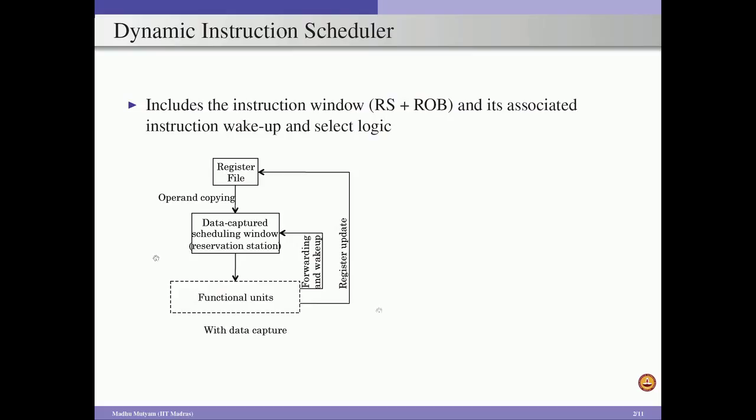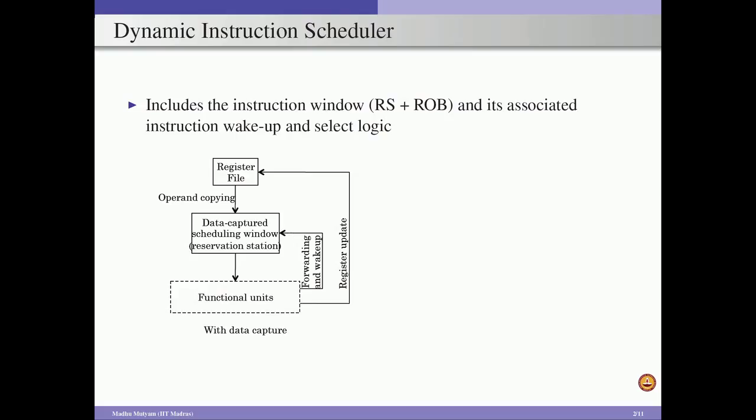If we consider this type of design, our reservation station is very wide because it has to keep the register contents in each of the entries of the reservation station, as well as the forwarding path between the functional unit to the reservation station also needs to be very wide, because we are going to forward the value on this.